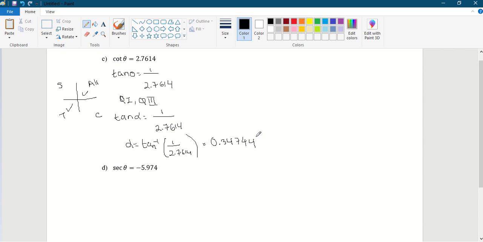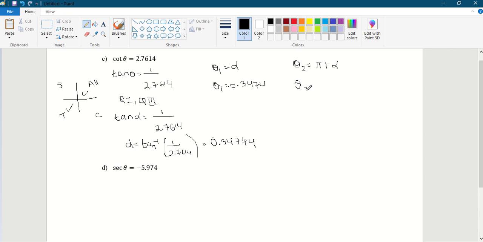So let's keep that. Now because we have one of the answers in the first quadrant, we know in the first quadrant theta and alpha are same. So one of the answers will be 0.3474.